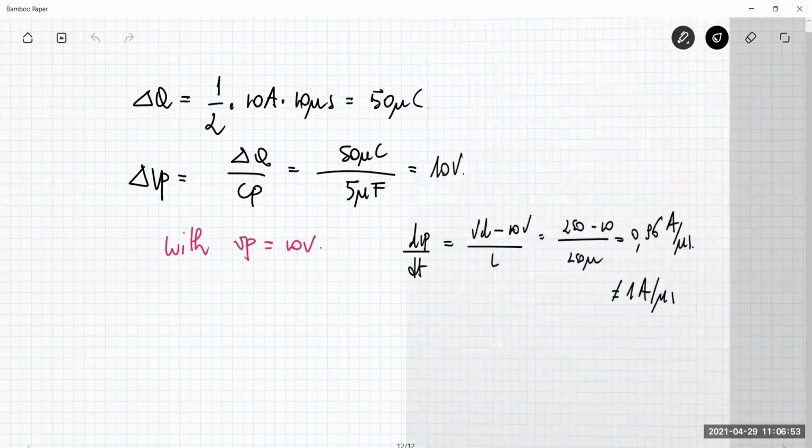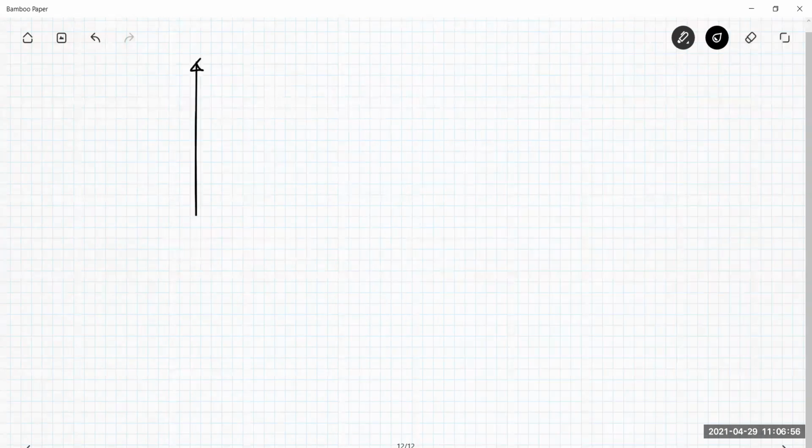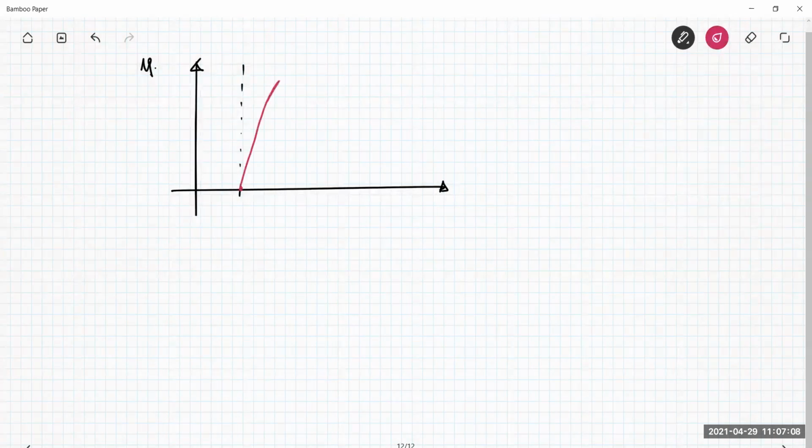So if you look and simulate this, maybe you can see something like this. Just to be a little bit more precise, the current has a behavior which is like this. The slope is almost 1 amp per microsecond at the very beginning of this curve, then the slope decreases a little bit, and at the end it is 0.96 amp per microsecond, while at the beginning it is 1 amp per microsecond, more or less.